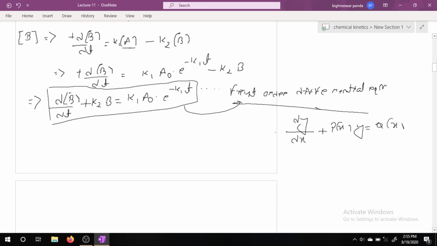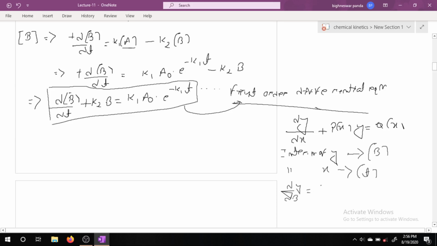This is the general format of a first order differential equation.